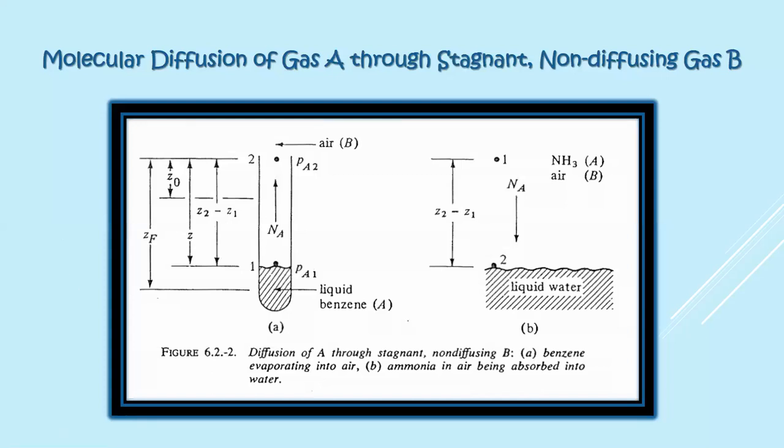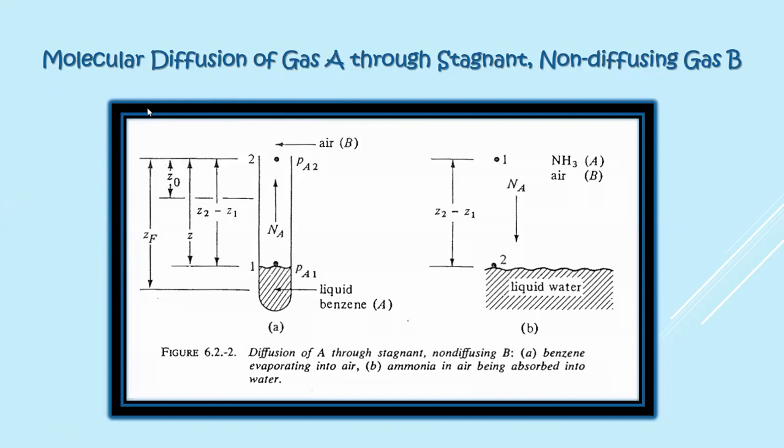Yes, miss. Okay, so this is the third topic under diffusion. So we have discussed only the first two. As I've said, there are 12 sample problems for this diffusion topic alone. So this one is the molecular diffusion of A through the stagnant non-diffusing gas B. Now, you should be able to differentiate the previous topic from this one under diffusion.